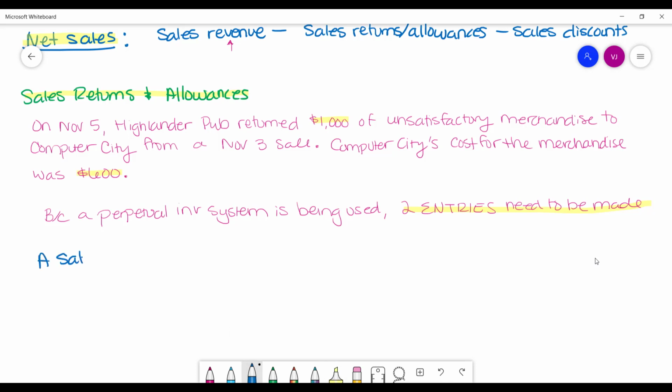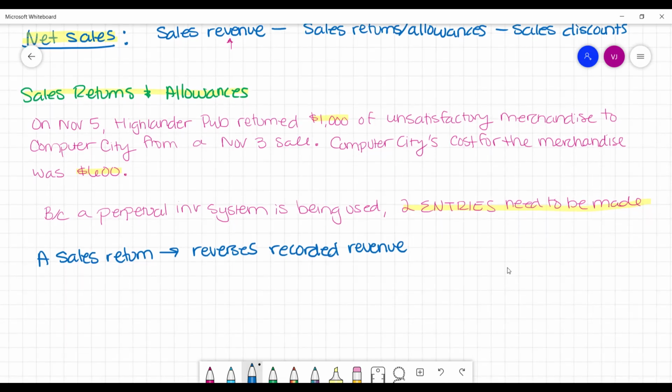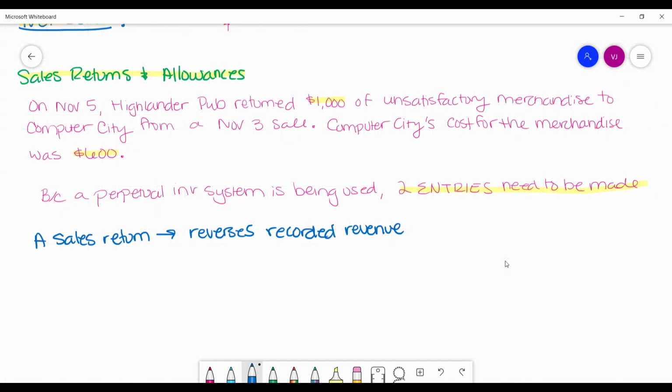So a sales return, which is what's happening here, reverses recorded revenue. If someone's returning merchandise and getting a refund for that, you're reversing whatever revenue you recorded initially. So we don't outright decrease sales. We're not going to alter the sales account itself. Instead, we're going to use a contra revenue account called sales returns and allowances.